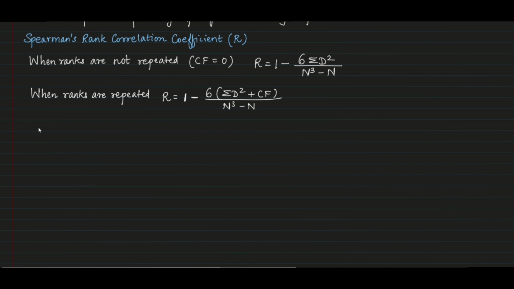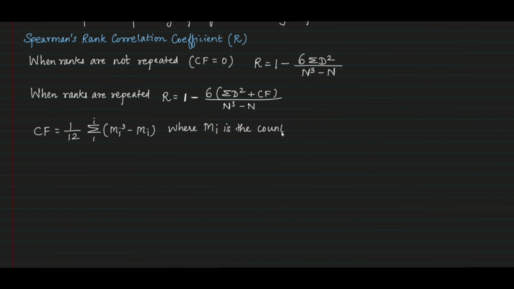Now, how do we calculate the correction factor? Correction factor is 1 upon 12 times summation m_i cube minus m_i, where m_i is the count or frequency of the repeated rank or the repeated observation.